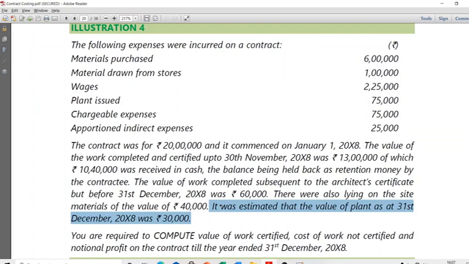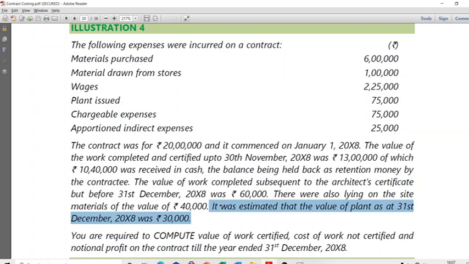In which year? In this year. Now this drop in value is what we call depreciation, because you are not told anything about sale of asset. You are just told value in the beginning is 75,000, value in the end is 30,000. So drop in the value of an asset is what we call depreciation.